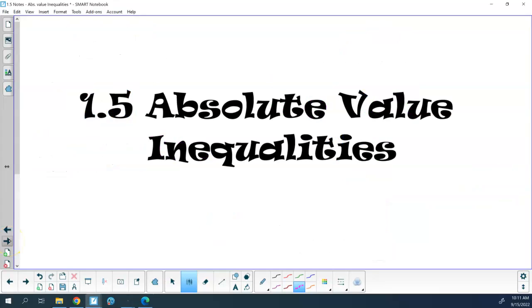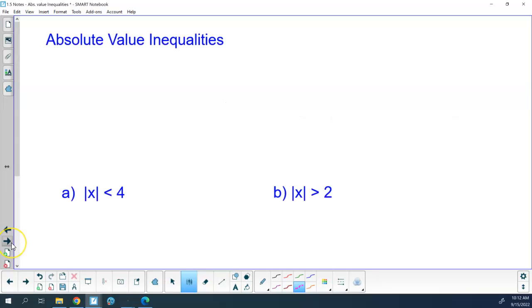So today we're going to talk about absolute value inequalities. In order to solve absolute value inequalities, there's a couple of things that are tweaked a little bit.